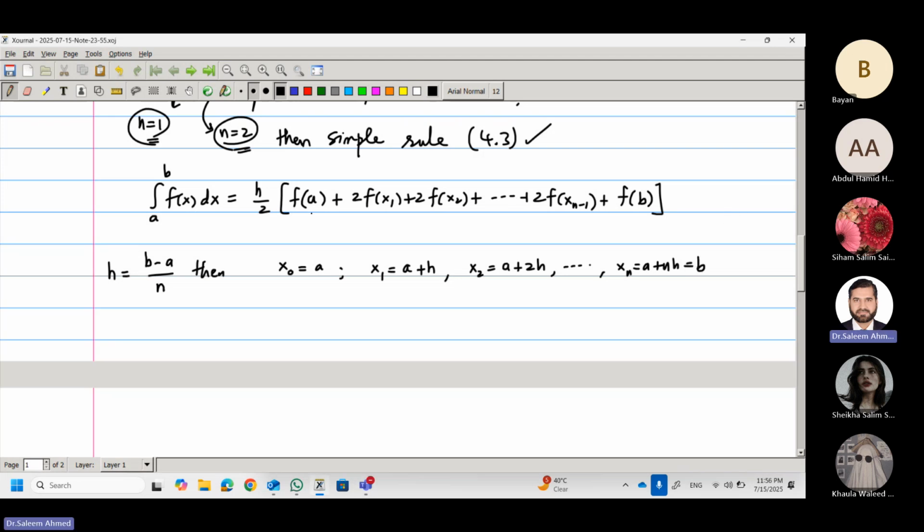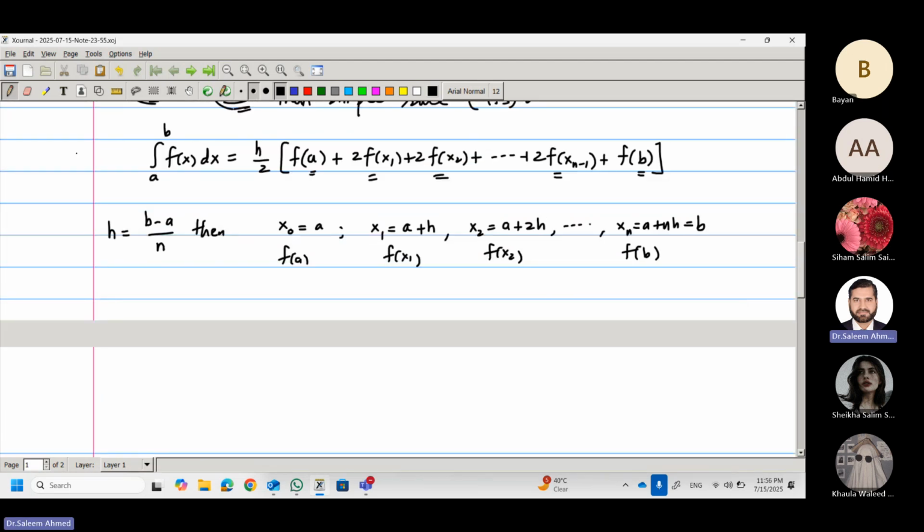So you automatically start from a and you end at b. So you will find the function values at all these numbers: function value at a, function value at x1, function value at x2, function value at b. You will calculate all these and put the values here. So these are very simple, easy rules. There is no problem with that.